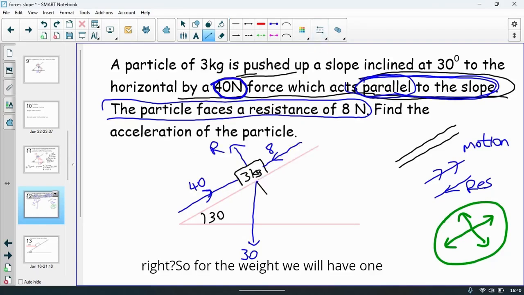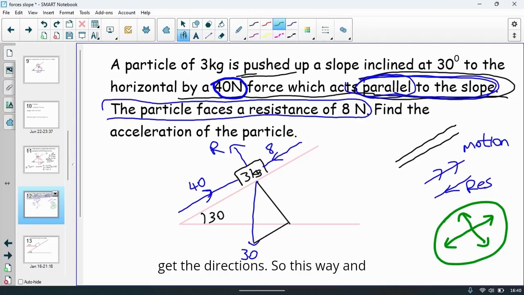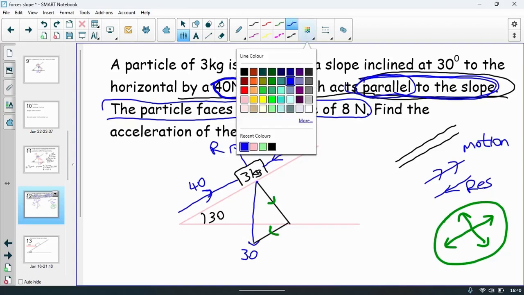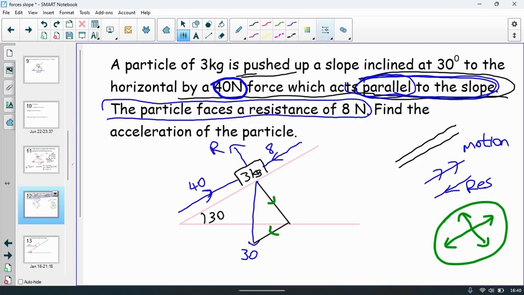Right, so for the weight, we will have one force in the perpendicular and another force parallel to the slope. Make sure you get the directions. So this way and this way. Now the angle here is important. The angle was 30, so this will also be 30.